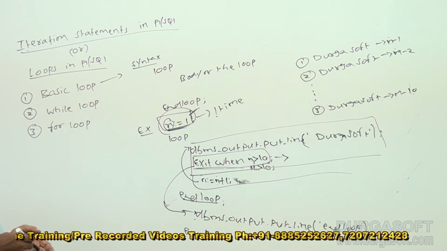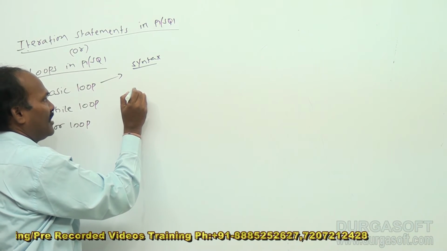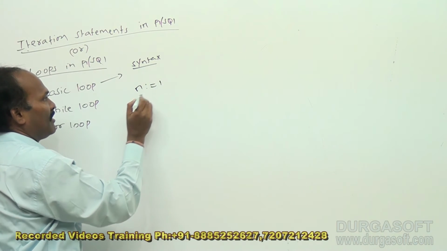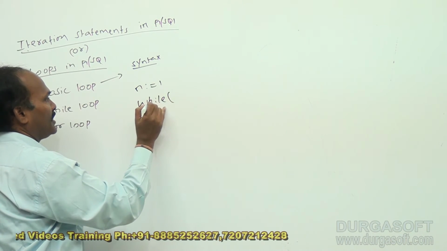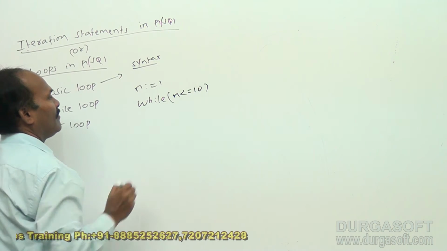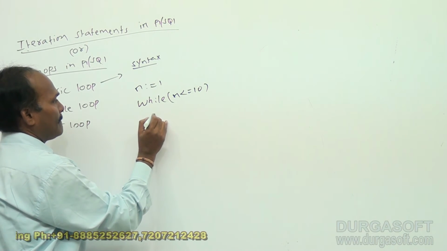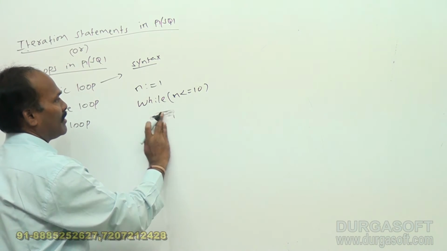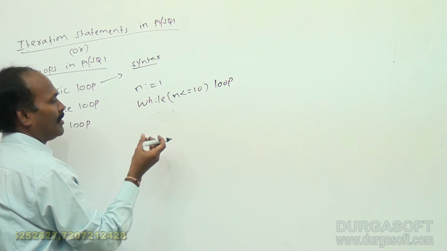Next I will explain the while loop. The mechanism of the while loop will be like this. Again I take the same variable, n equal to 1. This is initialization, executed only once. And the while loop is like this: while n is less than or equal to 10, loop, and within the loop is the body of the loop.